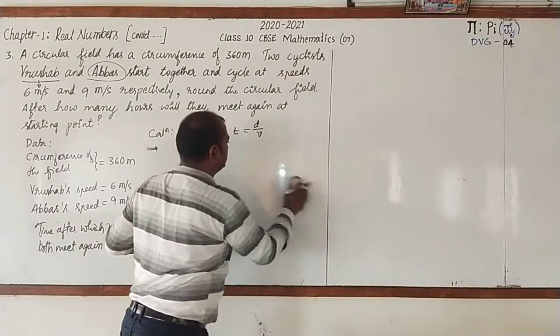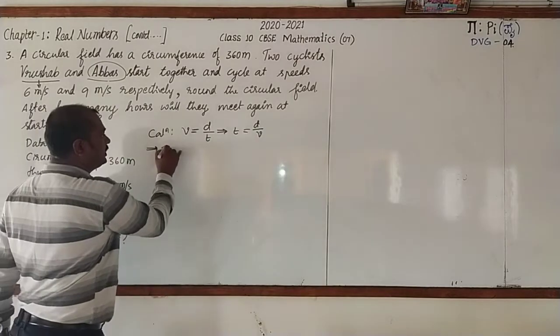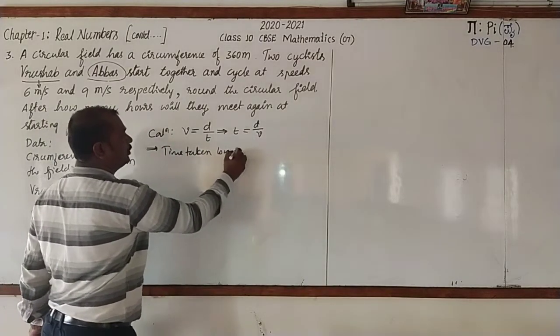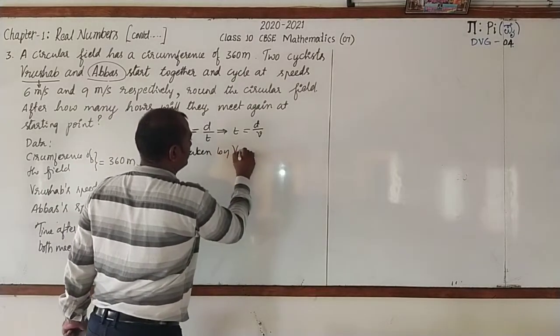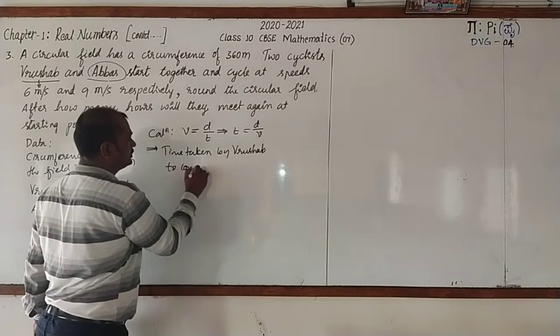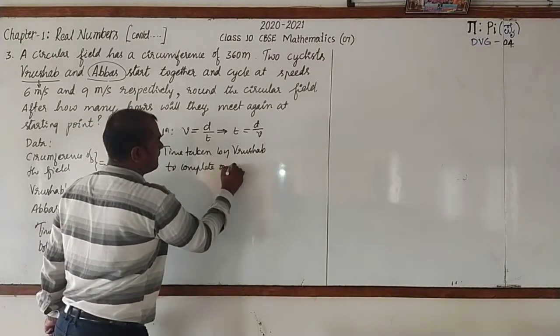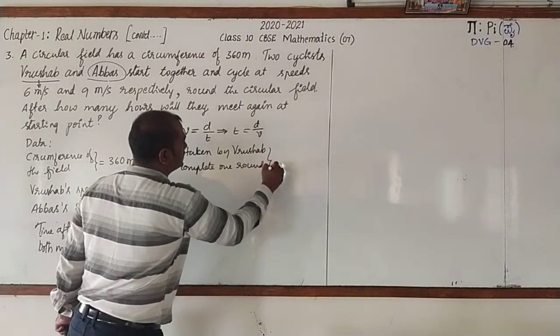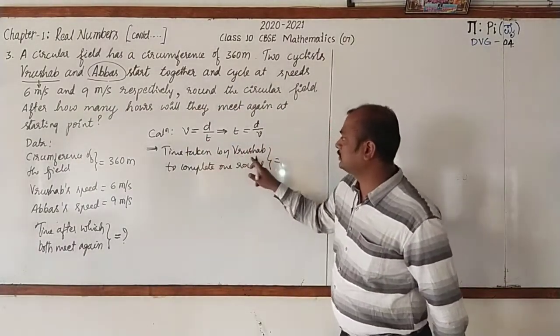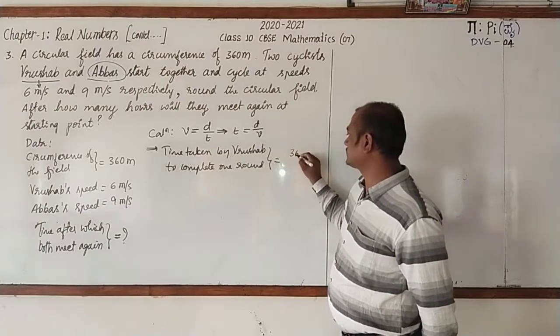Now here on the right, time taken by Rushabh to complete one round is equal to distance by speed. What is the distance he has to cover? It is 360 meter.